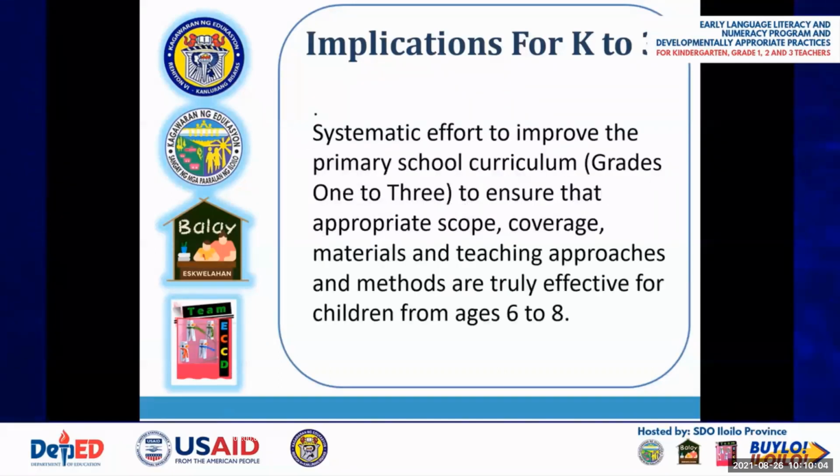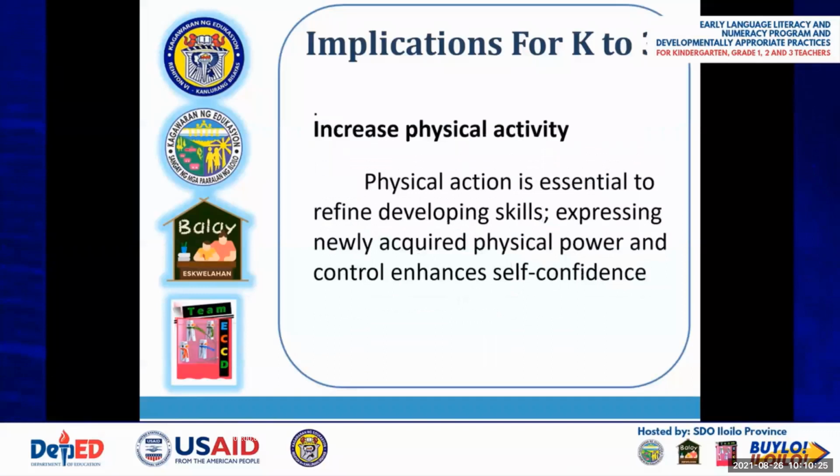The next one is systematic effort to improve the primary school curriculum from grade 1 to grade 3 to ensure that appropriate scope, coverage, materials, and teaching approaches and methods are truly effective for children ages 6 to 8.